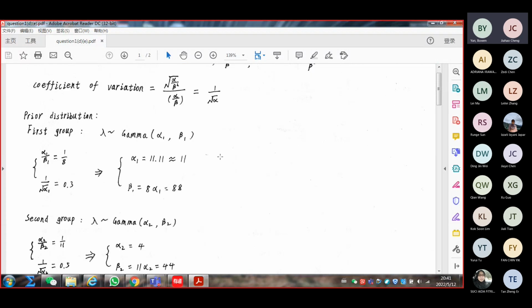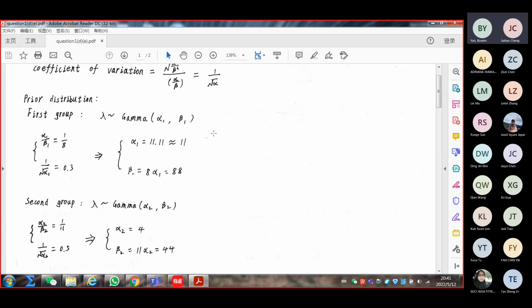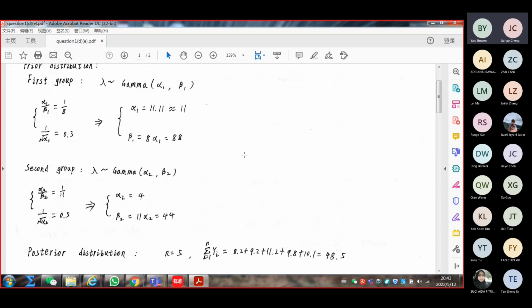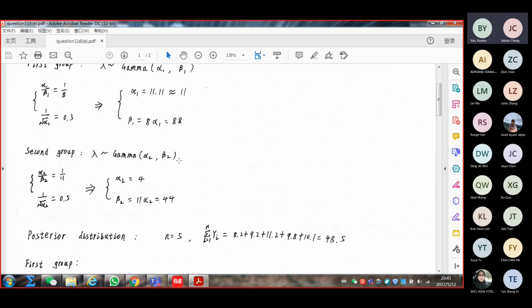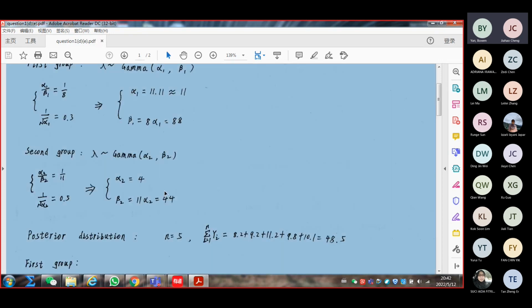For the first graph, we see it from lambda to gamma alpha 1 beta 1. We can get alpha 1 equal to 11 and beta 1 equal to 18.8. In the same way, we can get the second group, alpha 2 equal to 4 and beta 2 equal to 14.4.